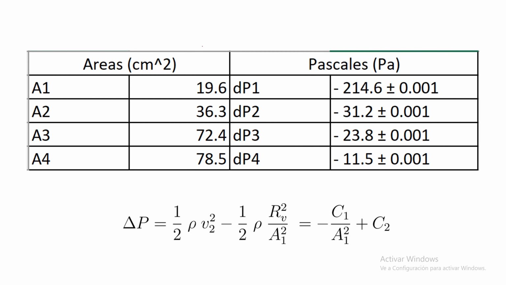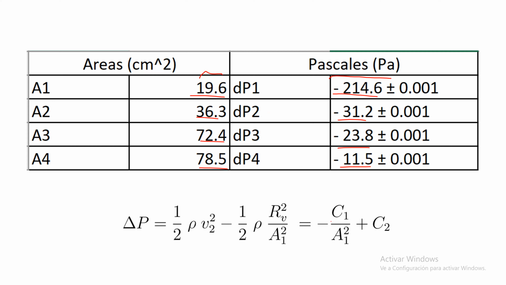As you can see, the first area is the smallest cross section, obviously. The areas get bigger as you go along the Venturi tube, and the pressure starts increasing. Well, here they are negative, therefore if they get smaller, they're increasing. So we'll get on the y-axis this change of pressure right here, and on the x-axis this area right here.